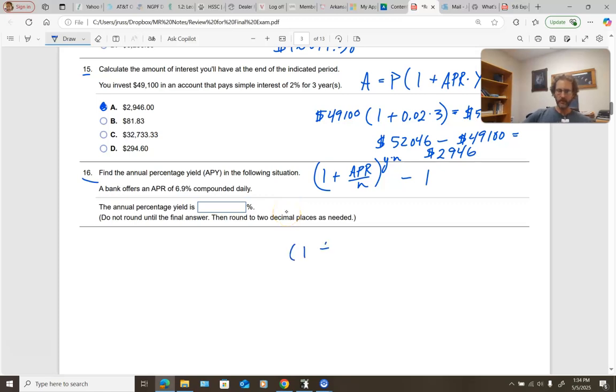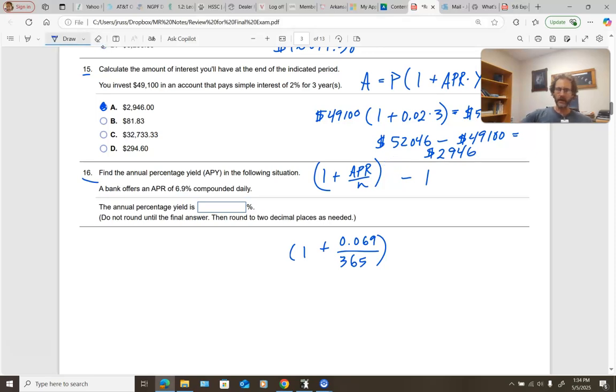So we've got 1 plus, the APR is 0.069, and we have daily compounding again, okay. Actually, I'll put something that we didn't need up here.